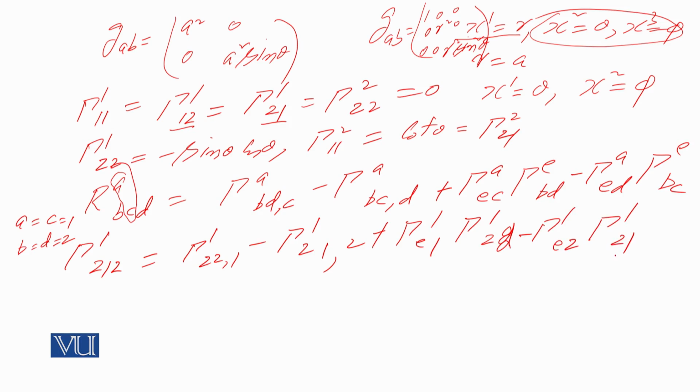Okay. Now we know that Γ^1_22 is non-zero, and this is with respect to 1.